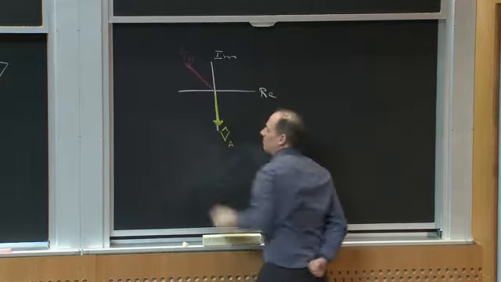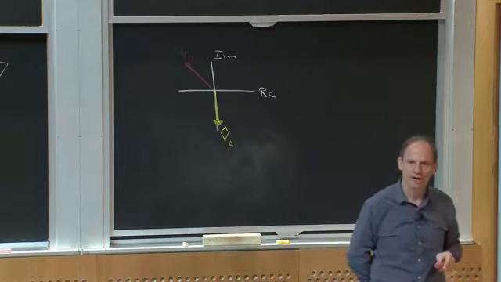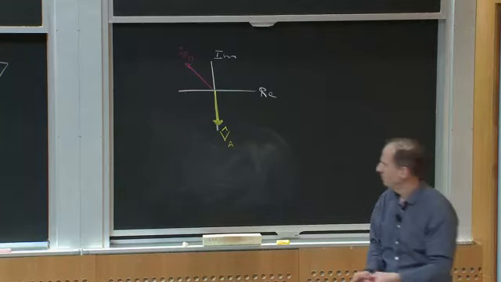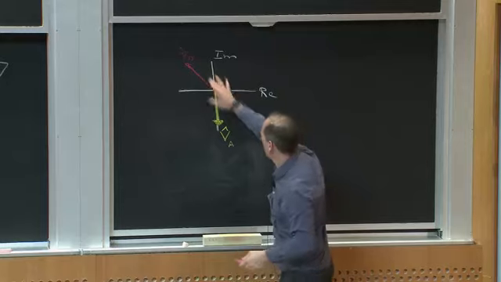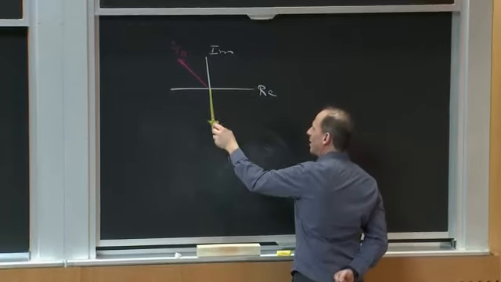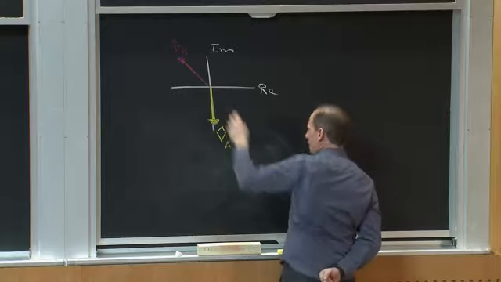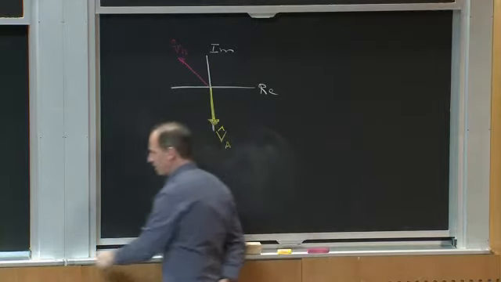What would my phasor for VAB look like? I can do subtraction in the phasor plane, just geometrically. VA minus VB, which is VAB hat, would be VA plus the negative of VB, and it would look something like this.